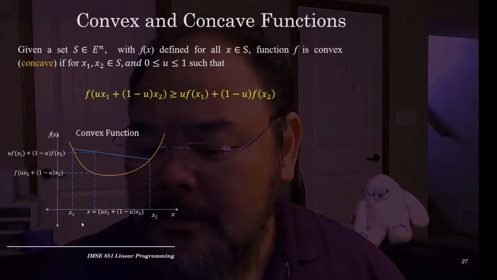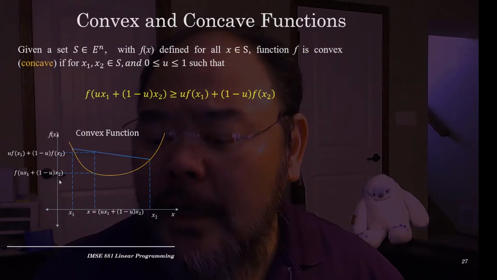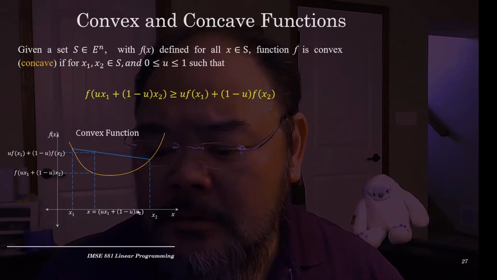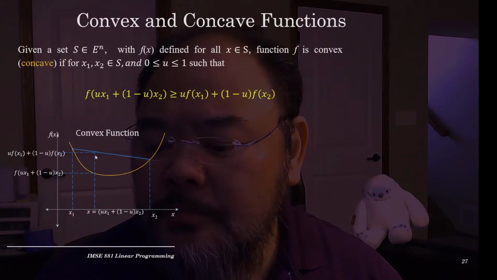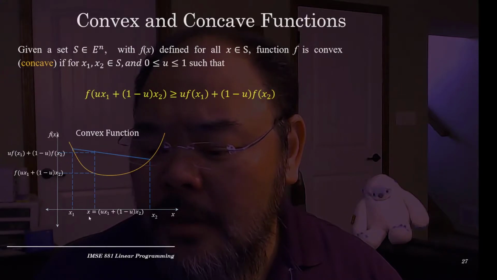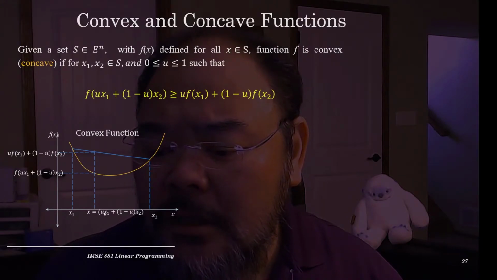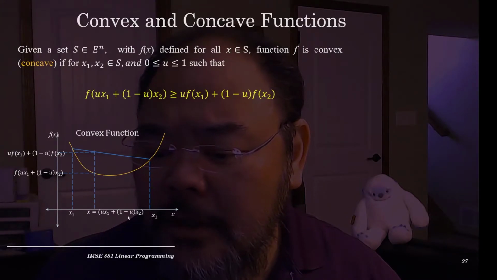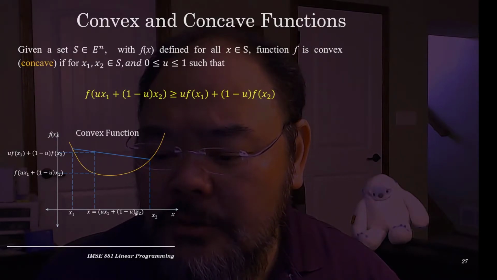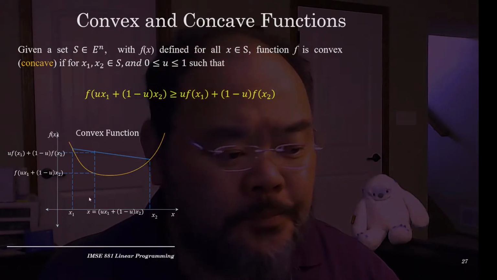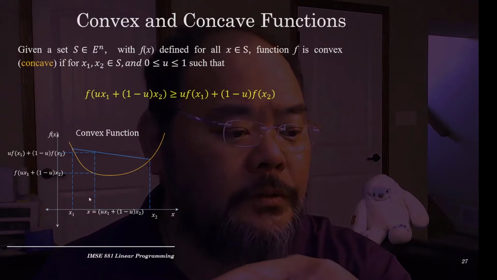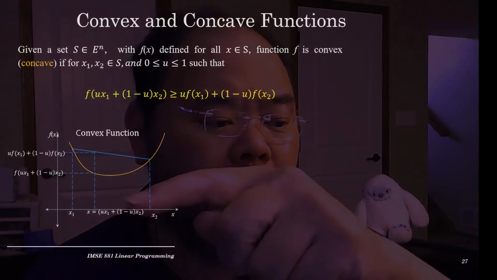If I take any two points within this S, x1 and x2, any point between them, call it x, is a convex combination of x1 and x2, so u times x1 plus 1 minus u times x2, which is this point right here.